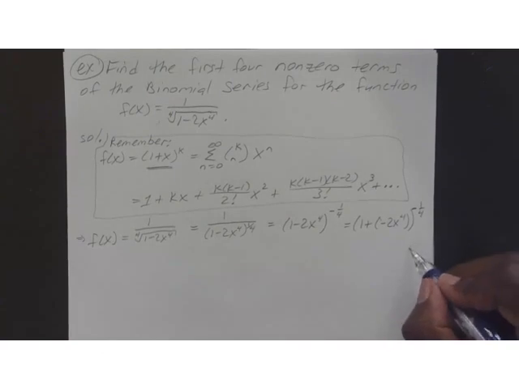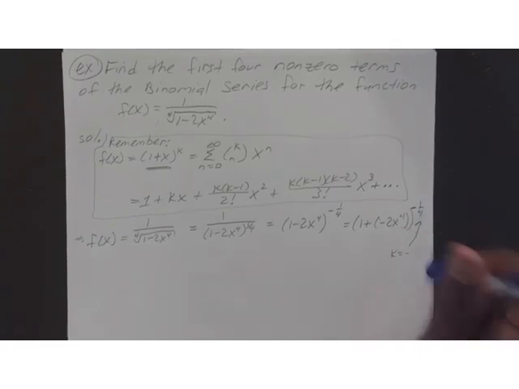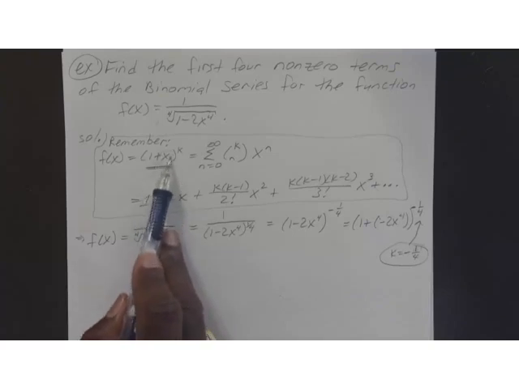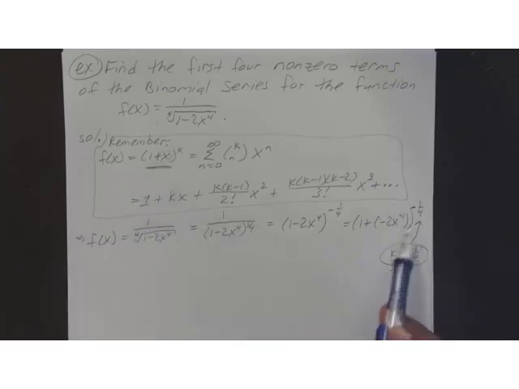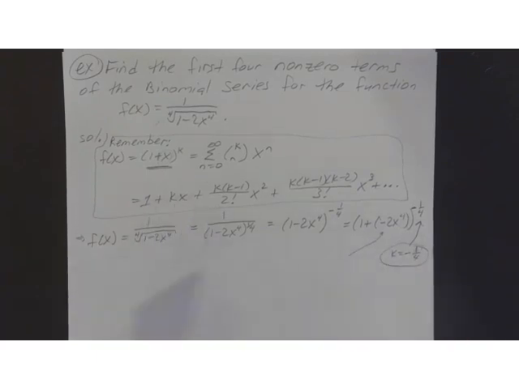So we can see right here that our k is equal to negative 1/4. And where the x is here, we have negative 2x to the fourth here. So that means we just have to replace x with negative 2x to the fourth.